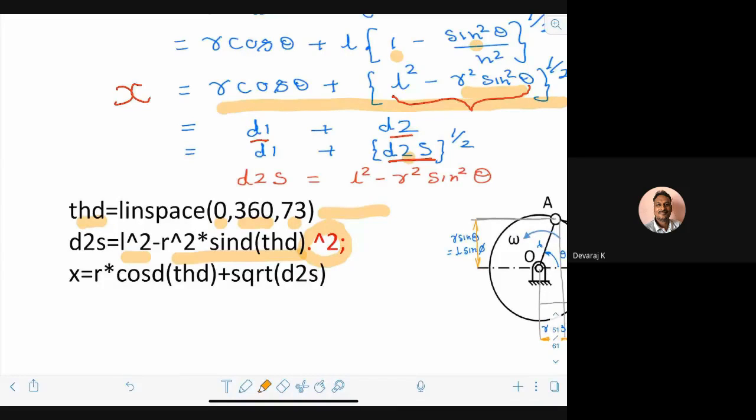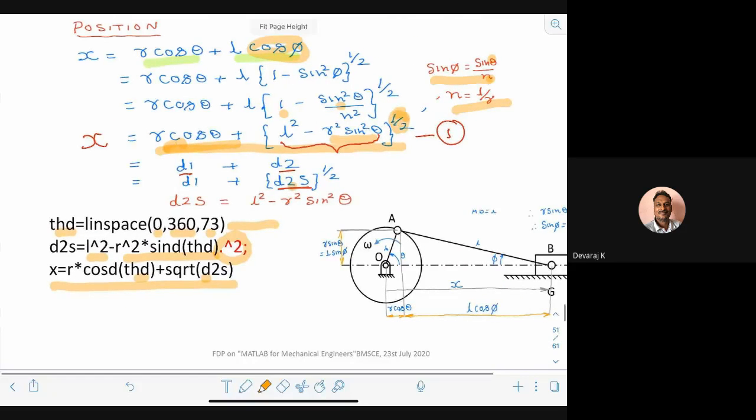Whenever you have vector with vector multiplication, division or exponentiation, remember the dot operator is a must for element by element operation. So in my program, I have typed x is equal to r cos theta, with theta in degrees, plus square root of d2s. This will do it in the program.